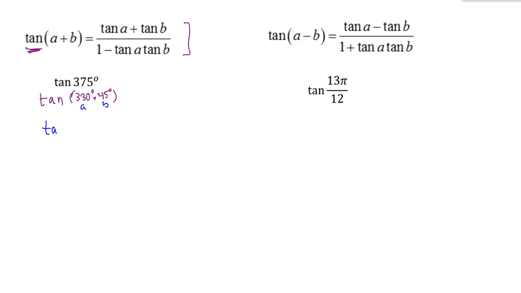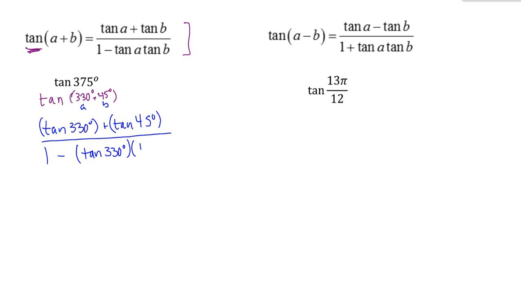So tangent of 330 plus tangent of 45 all over 1 minus tangent of 330 times the tangent of 45.